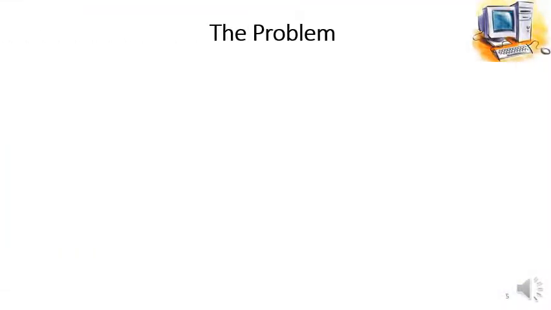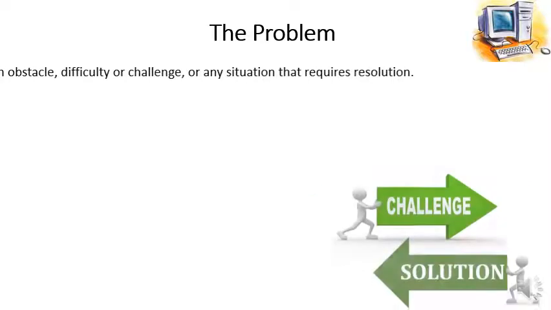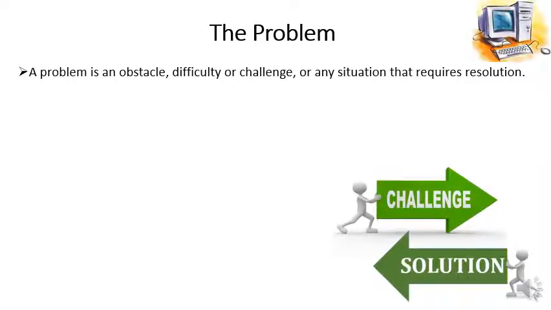First of all, the problem: what is it actually? A problem is an obstacle, difficulty or challenge, or any situation that requires a solution, the resolution of which is recognized as a solution. Whenever the problem is solved, it means that we have found a solution.